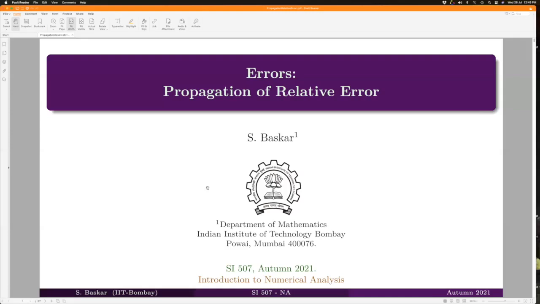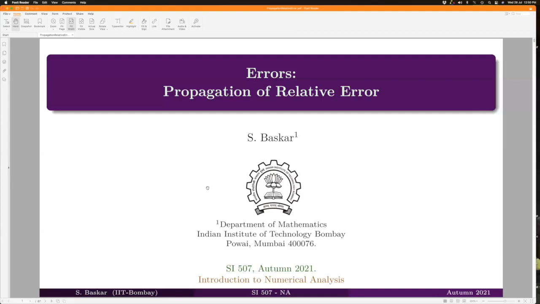But if you handle these arithmetic errors badly, you may finally land up with a numerical solution which is still bad, although your method is good. Therefore, one has to understand how these relative errors propagate in our calculation.